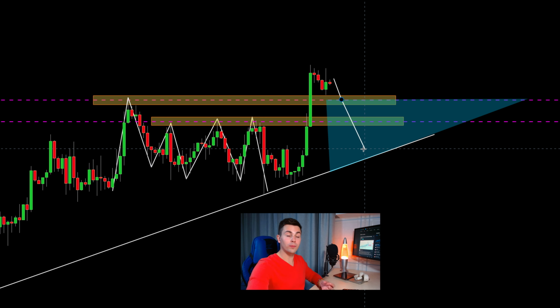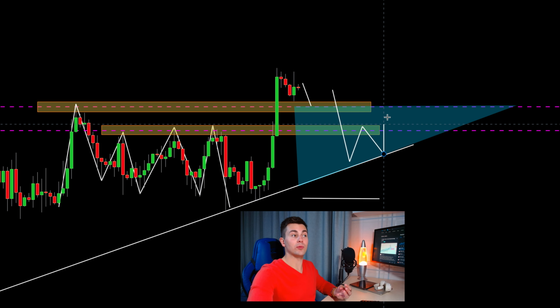Also, we will apply this buy zone for buying, and different traders apply different strategies for buying from the buy zone. But what I prefer to do is let the price first of all reach the buy zone. I want the price to trade within the buy zone, and then within the buy zone I'm looking for the confirmation.